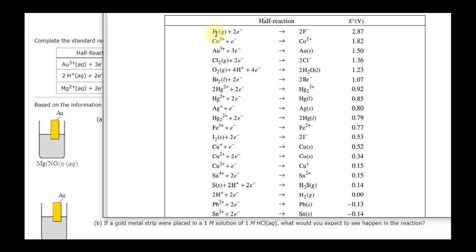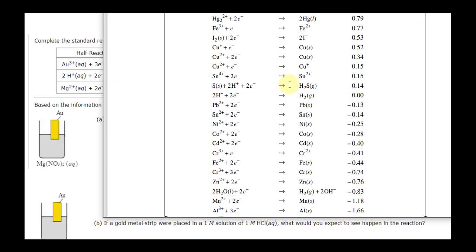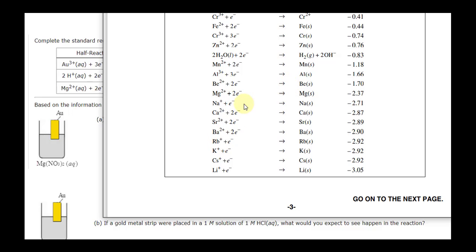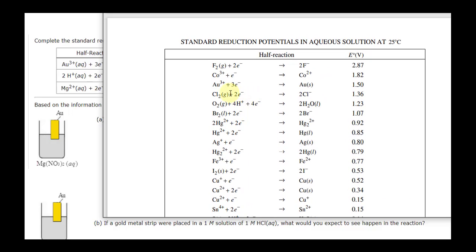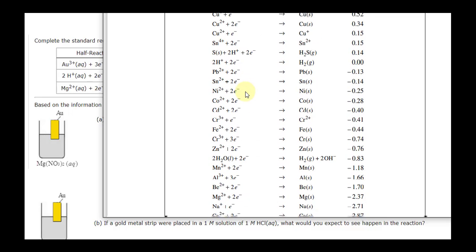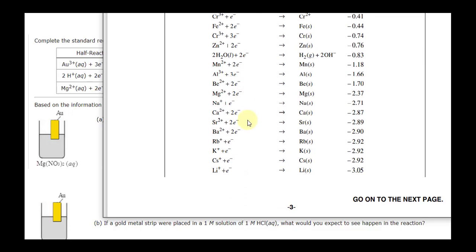Only fluorine gas and cobalt going to cobalt plus 2 are better at pulling electrons in on this chart. For common materials, this gold ion, gold at plus 3, is the reducer, and here's our magnesium down here, pretty close to the bottom, lousy reducer.